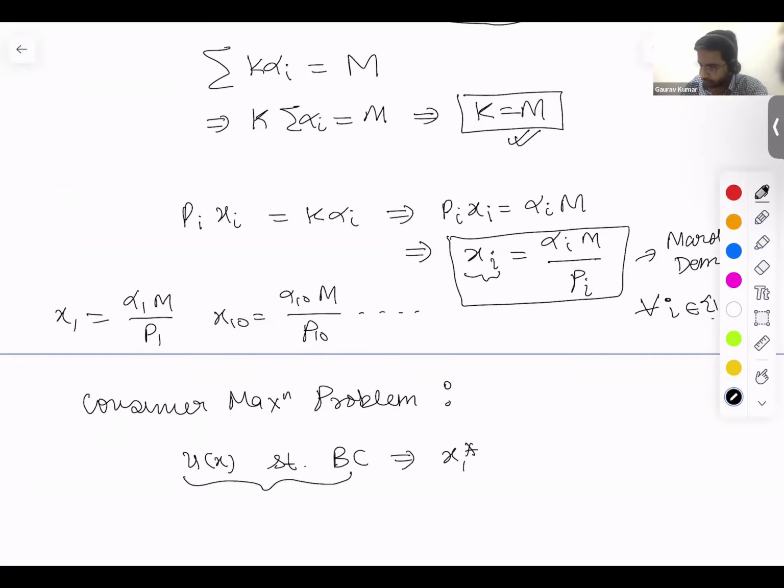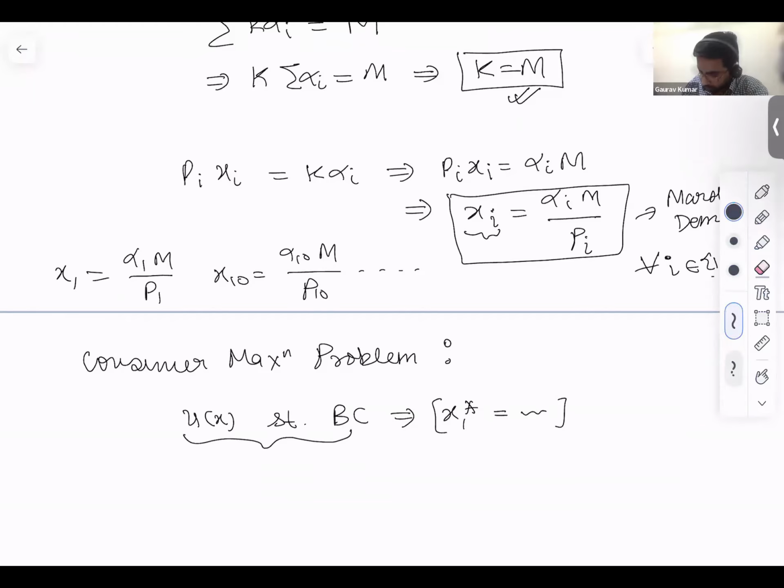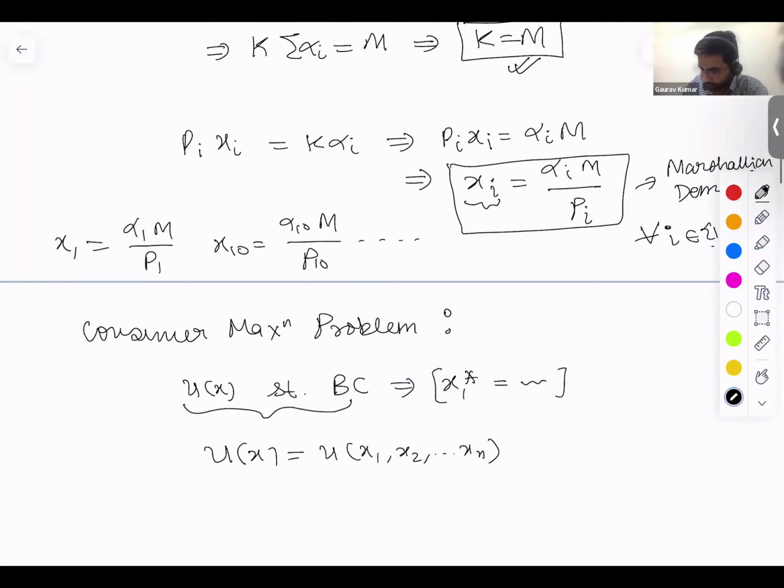Now this u of x is a vector and you have n goods x1, x2, up to xn. So x is a vector, an n-tuple vector. Now when you expand, you can write it in this form. When you put the optima in this, what you get is the indirect utility function.